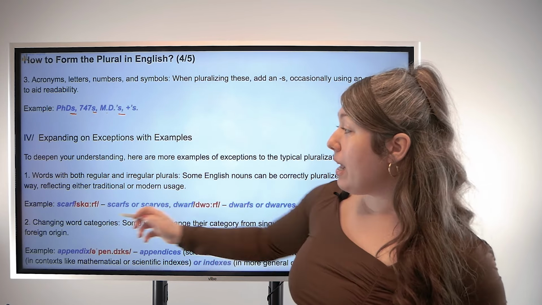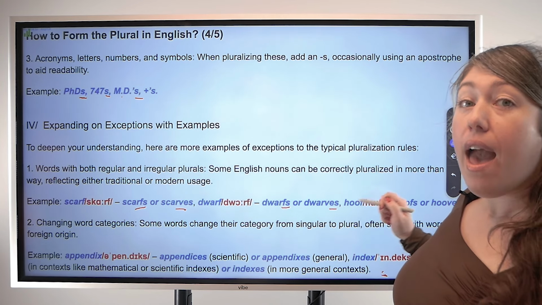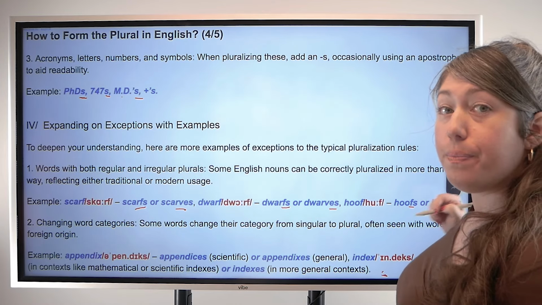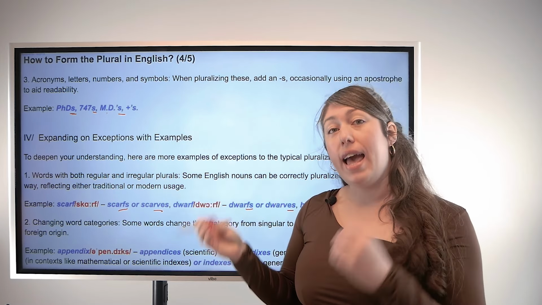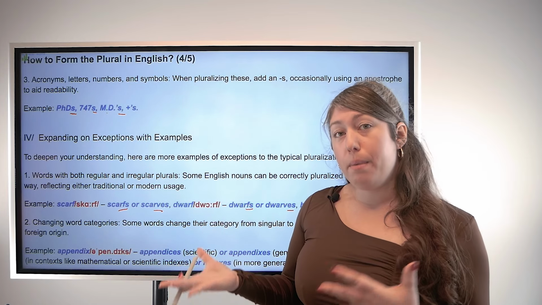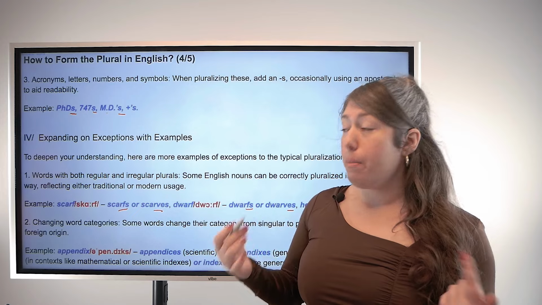For example, scarf can be scarfs or scarves. Dwarf can become dwarfs or dwarves. And hoof can become hoofs or hooves. The pronunciation on the ending sound changes a bit, and you'll hear both forms said by native speakers, and it's important to know both of these because you will come across them.